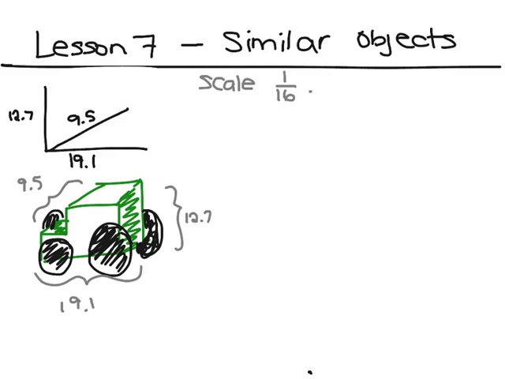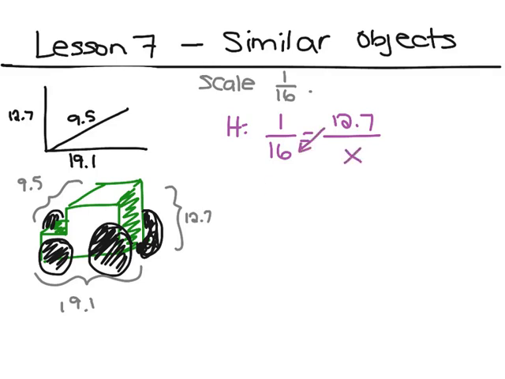So we're going to use the scale factor to determine the actual lengths. First we're going to do the height. 1 over 16 is our scale, and we know that the scale drawing has a height of 12.7. We want to find the new height.